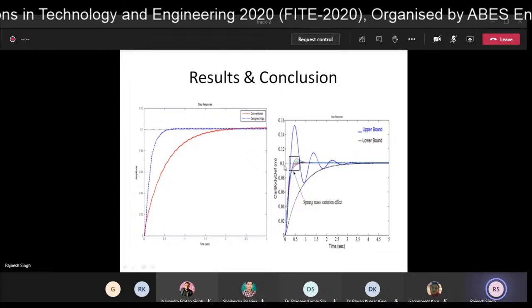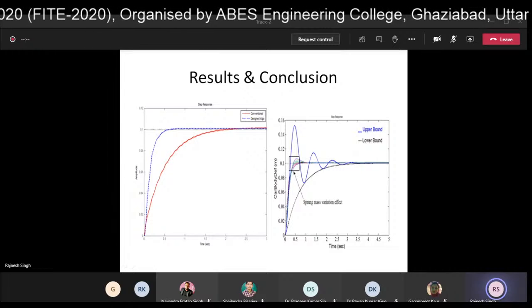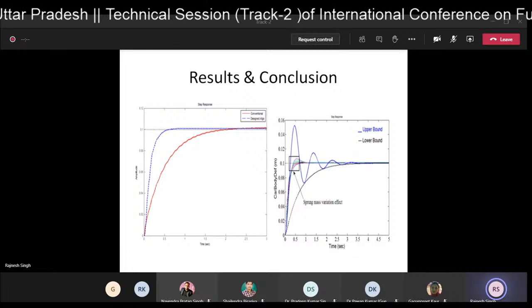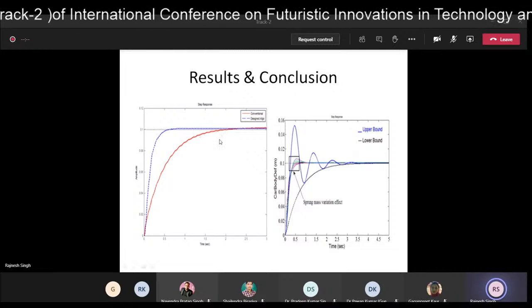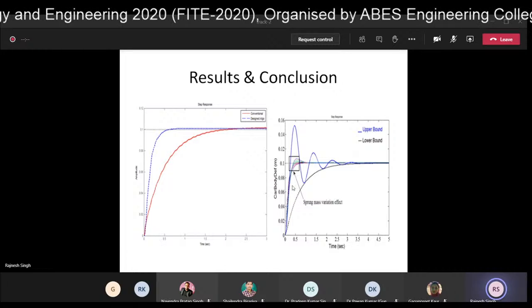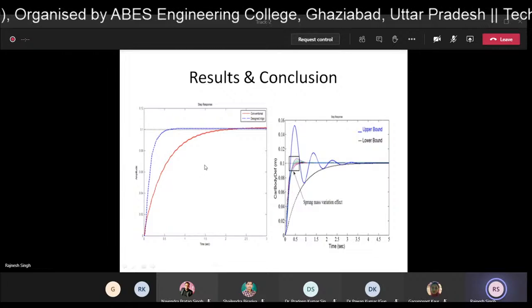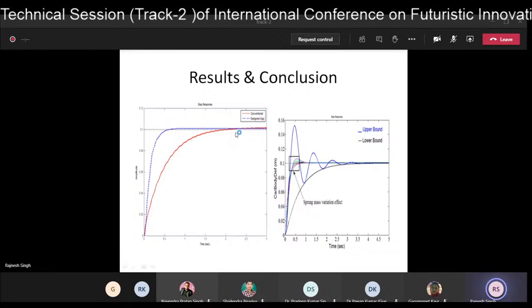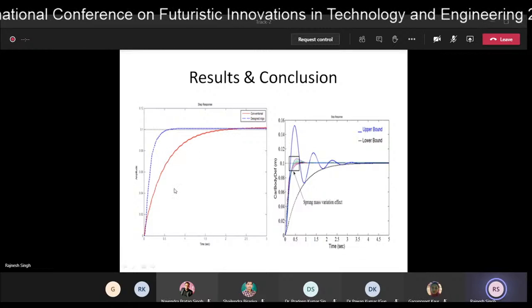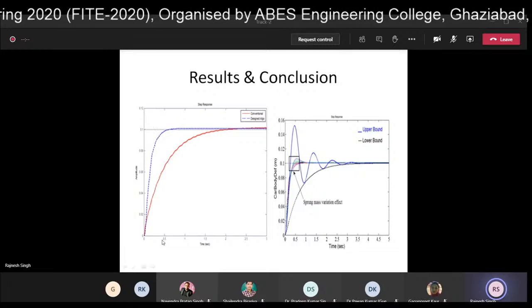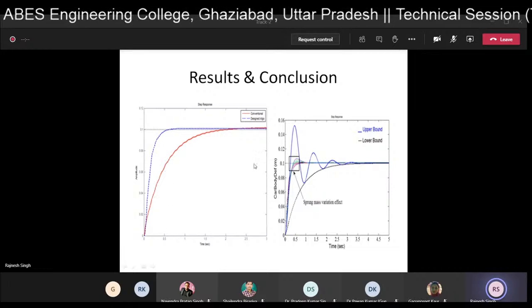For this simulation, I used system design parameters like maximum overshoot up to 30% and settling time less than 2%. On the left side, you can see the conventional method and the desired algorithm. According to my proposed algorithm, I can achieve a lower settling time compared to the conventional method.